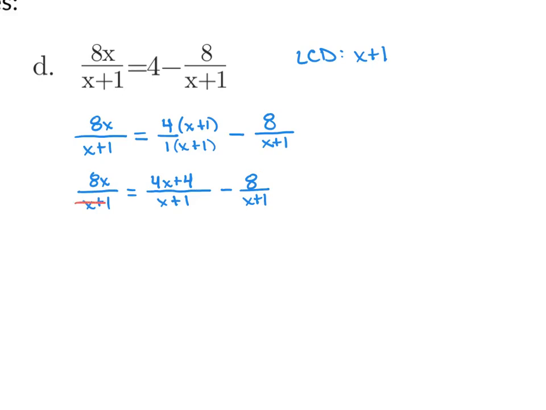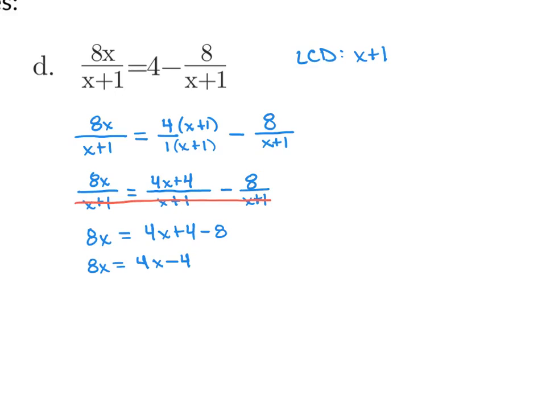Now that we have same denominators, we can go ahead and cancel them. Our resulting equation is 8x equals 4x plus 4 minus 8. If I combine like terms, I get 4x. 4 minus 8, we have different signs, so we're going to subtract and keep the sign of the larger number, giving us negative 4.